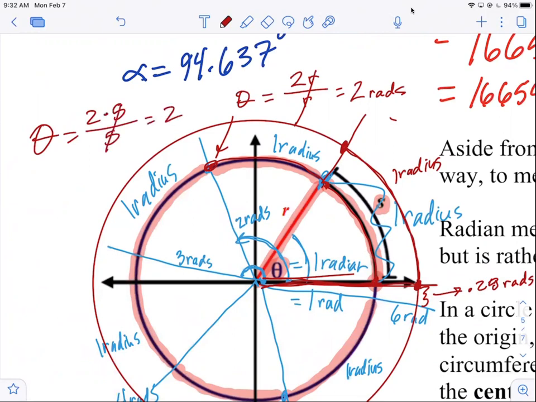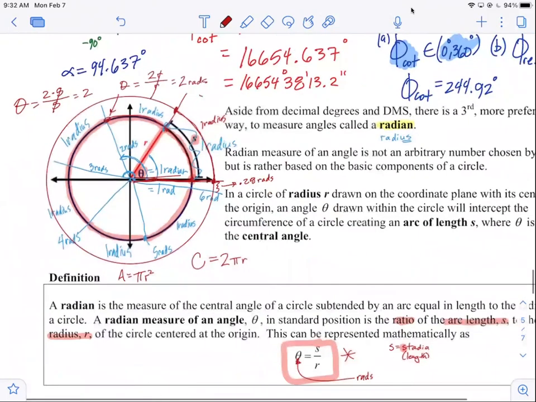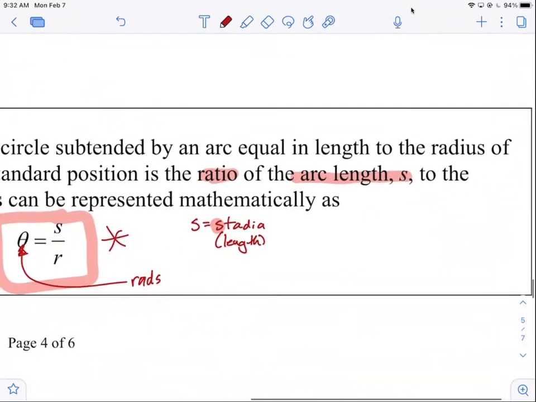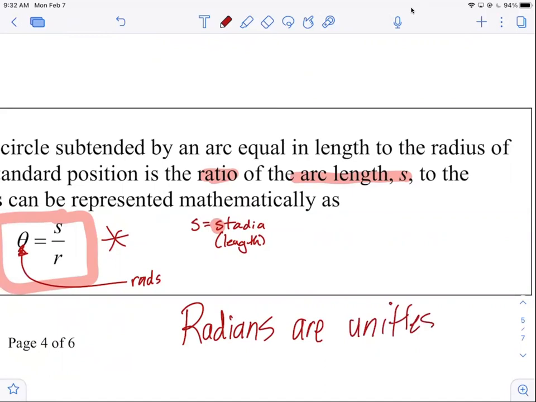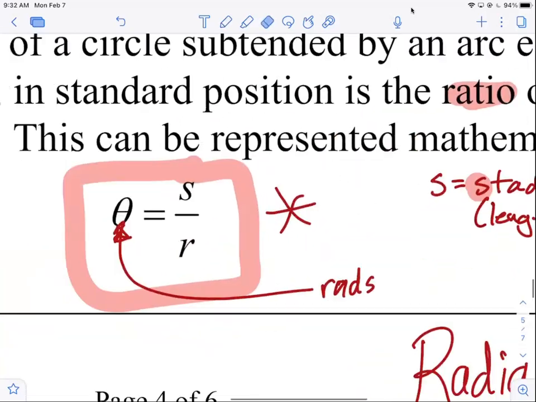See? Now, this is probably the most important aspect of a radian, why we need it. Radians are unitless. Super important. What are the units of a radian? Nothing, okay? Nothing. Why is that? Well, it comes directly from their definition.